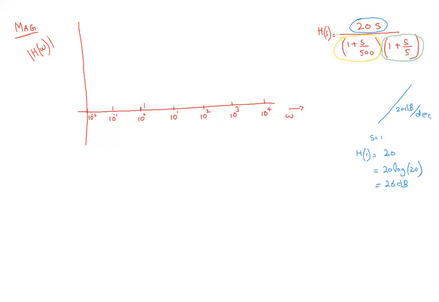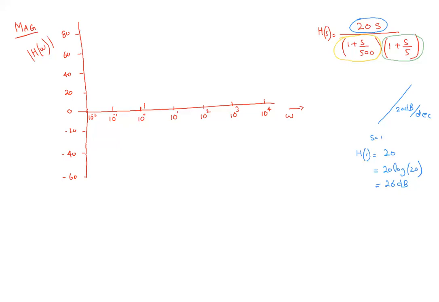At this point, the magnitude is, if I just mark here, again, I'm marking here 20 dB, 40 dB, 60 dB and 80 dB. And similarly, this is 0, this is minus 20, this is minus 40 dB, and this is minus 60 dB, for example.